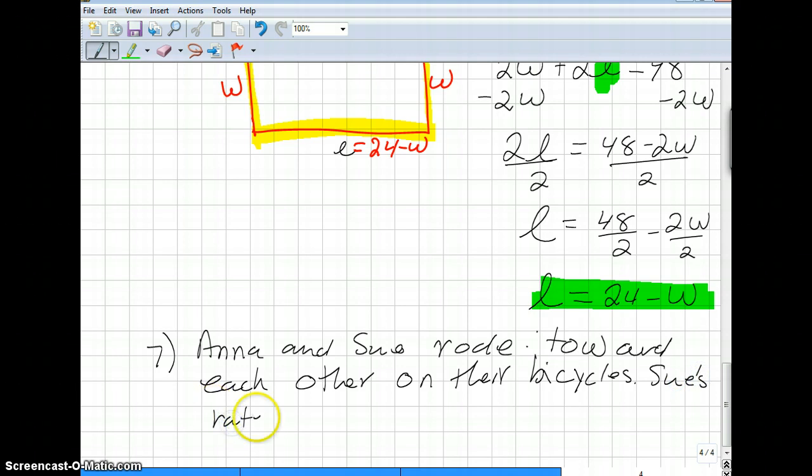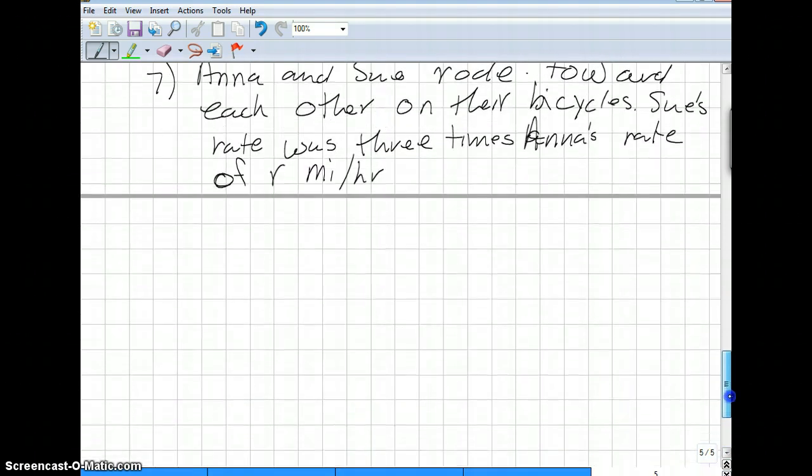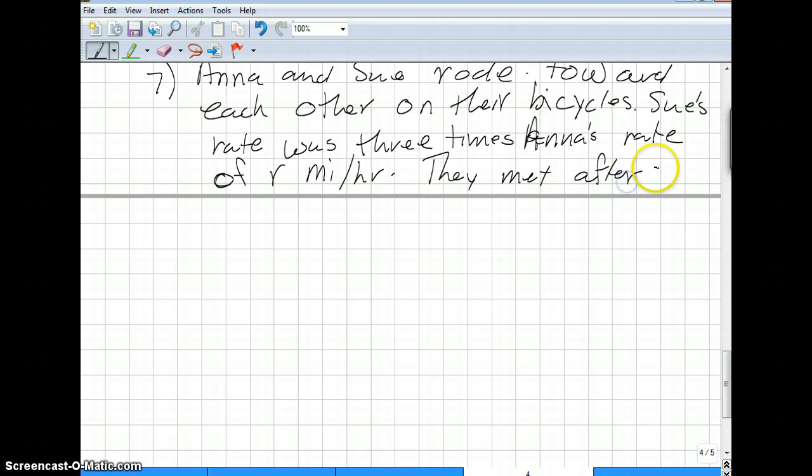Sue's rate was 3 times Anna's rate of R miles per hour. They met after 2 hours.